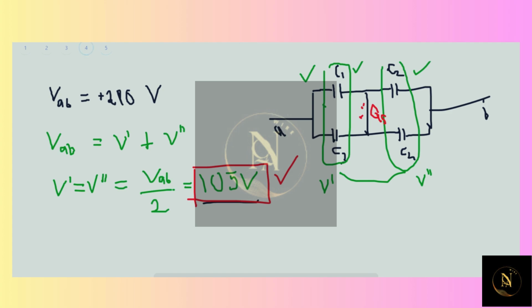The charge across the 3 microfarad capacitor is Q equals V times C, the potential across it, 105 volts, times the capacitance, 3 times 10 raised to negative 6.